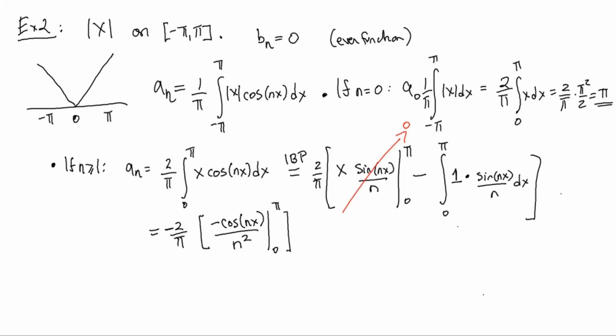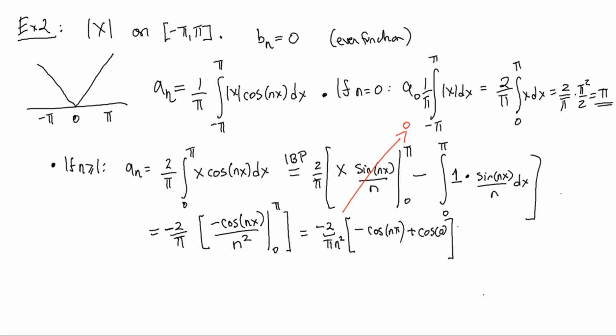So this is minus 2 over pi n squared times minus cosine n pi plus cosine 0. And now, what is cosine n pi?